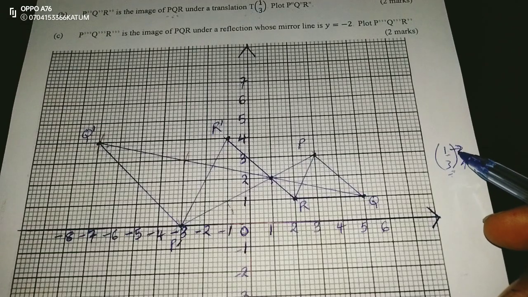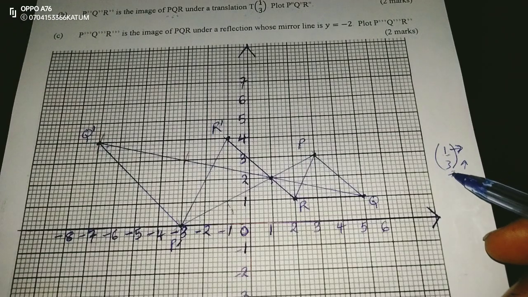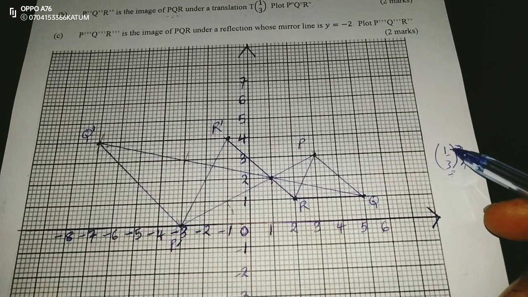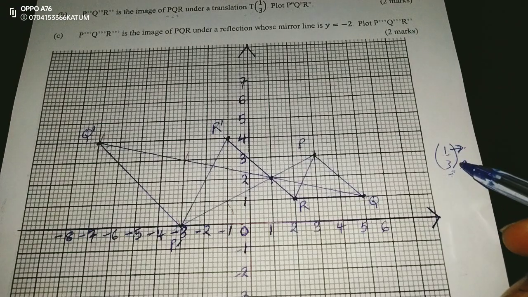If it were negative, we could have gone to the left, which is the negative side of the x-axis, and downwards, which is the negative side of the y-axis. So we are going to the positives, right hand side, then upwards.